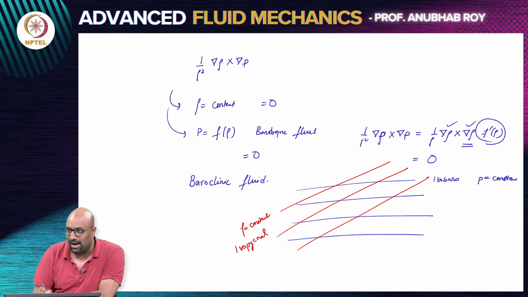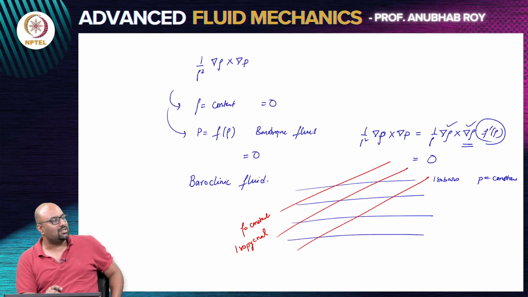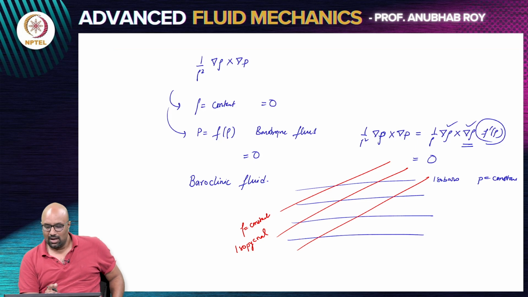They are not parallel to each other. So, when there is a misalignment of lines of constant density and constant pressure in a fluid, you are going to create vorticity.